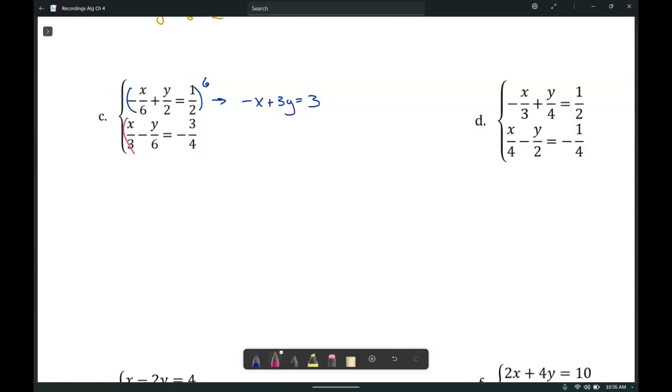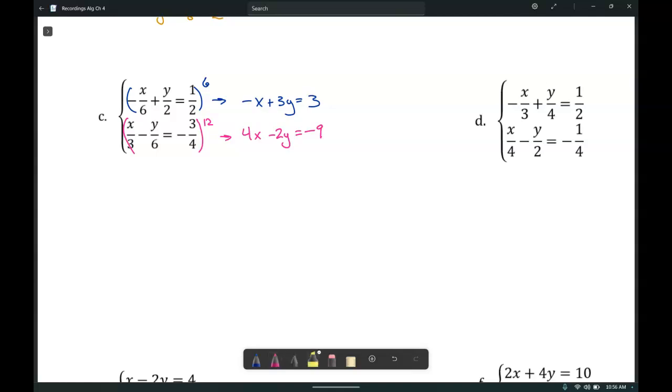And then the second equation we can multiply by 12, giving us 4x minus 2y equals -9. Well, now that we have our equations without fractions, we can go ahead and isolate one of the variables.